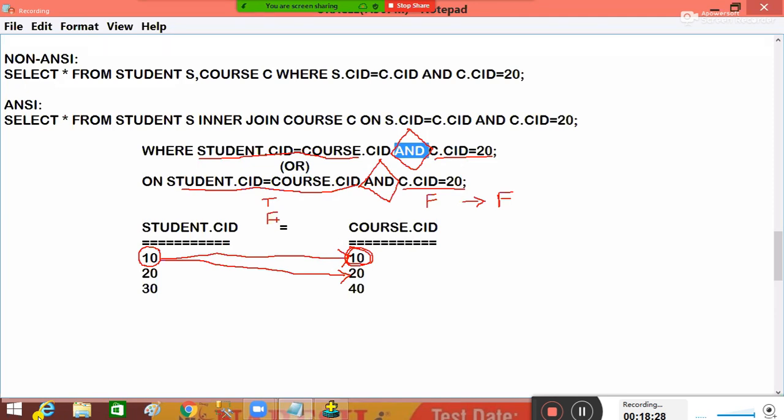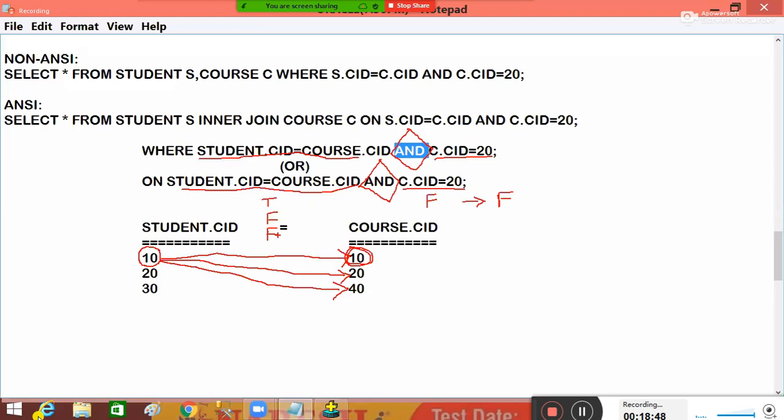No, no need here, right? Now 10 is equals to 40. Here also the first condition is false, so it's not necessary to check my second condition. So all row comparisons for 10 are over now.